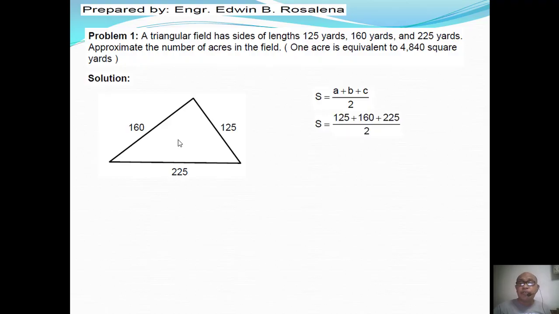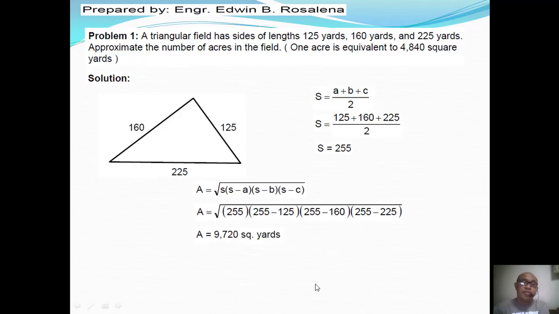By substitution, we can get the semi-perimeter 255. Then we can solve for the area using the formula. All the values needed in order to solve for the area are there already. So, by direct substitution, we can get 9,720 square yards.